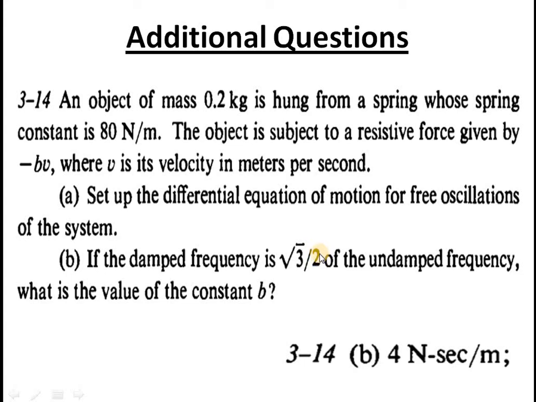Since it is not given in hertz, you can assume that it is actually omega, not f. You know the difference between angular frequency and frequency, so since the unit is not mentioned, make sure that it is omega. Then you can find the undamped frequency and the value of constant b.